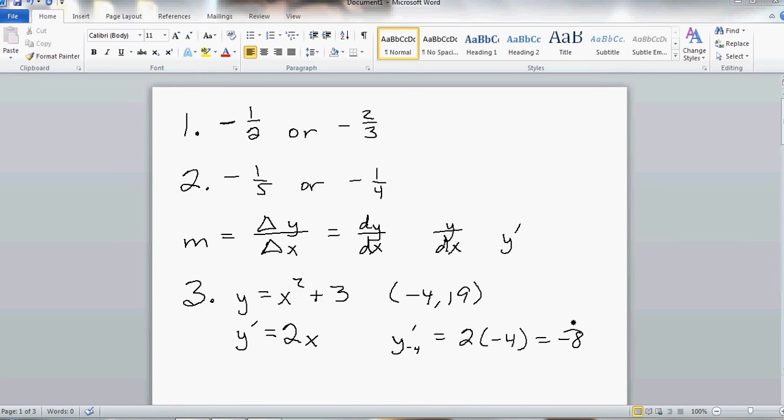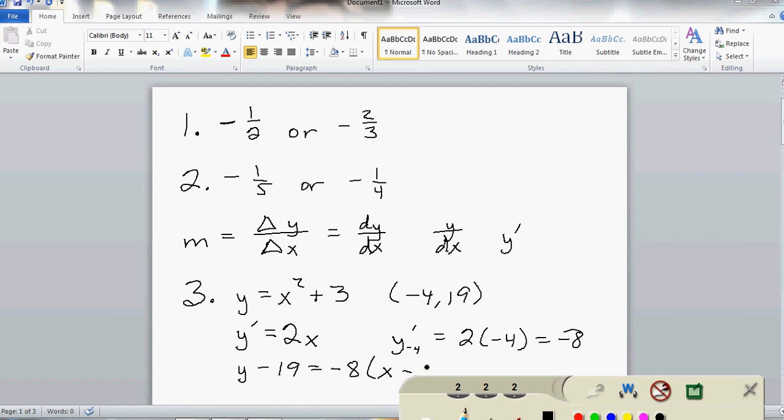And I know my slope is negative 8, my point is (-4, 19), so all I have to use is the point slope form to find the equation. So it's going to be y minus 19, because that's the y value of the point, equals negative 8 times x minus negative 4.